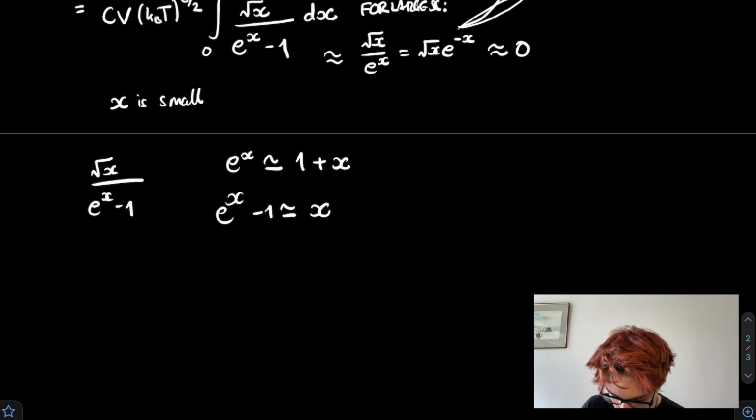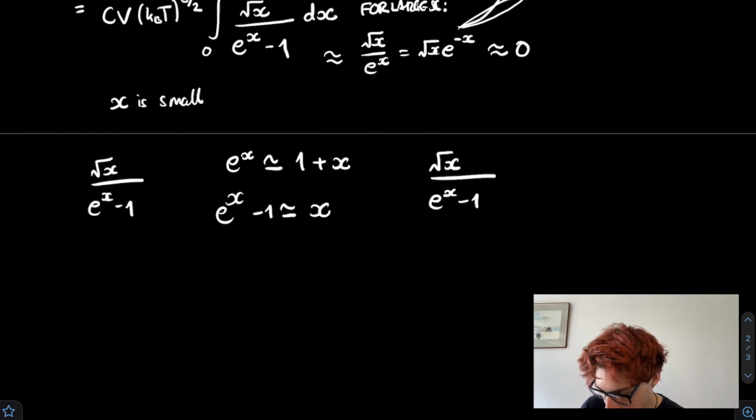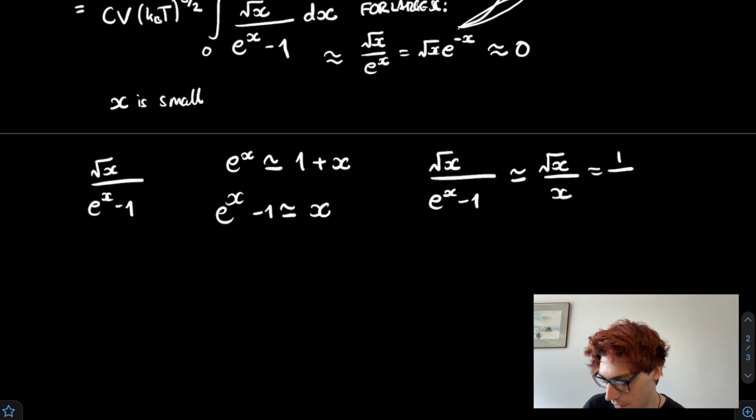Well, this equation, root x over e to the x minus 1, what we said was that e to the x minus 1 is about x, so this will become root x over x, which is equal to 1 over root x. And again, what's going to happen when this is small?